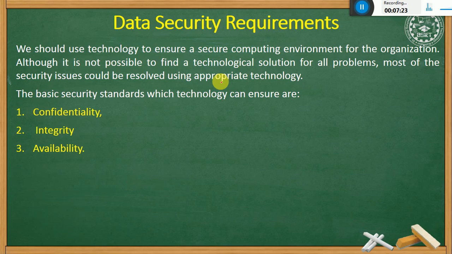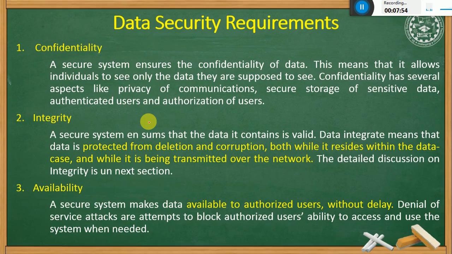This is the basic thing of data security, and the 3 basic points where data security is required are confidentiality, integrity and availability. So confidentiality, integrity and availability are the basic requirements of data security.